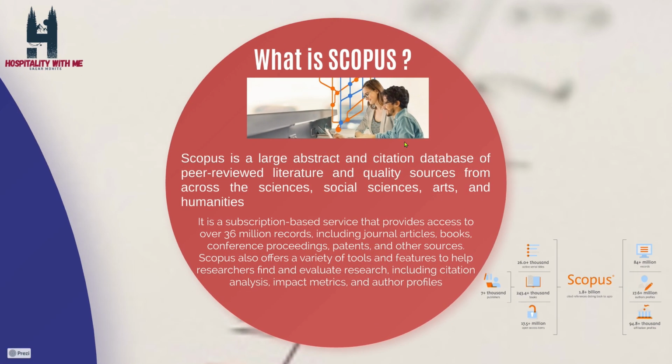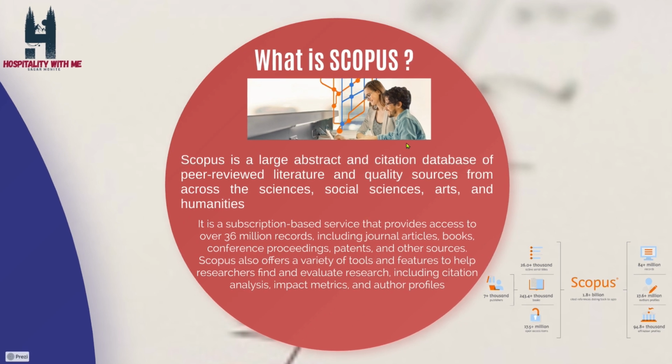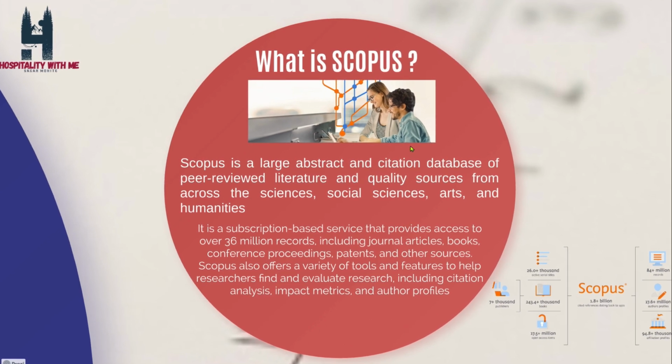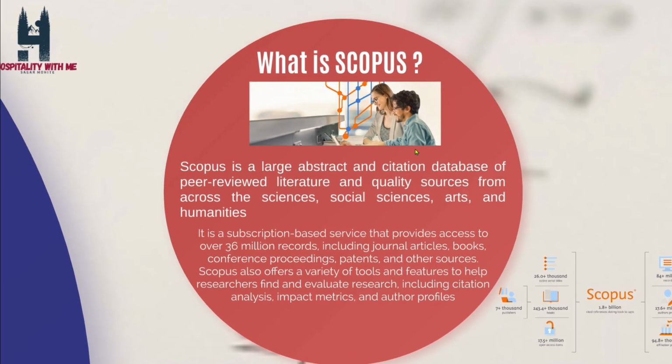Now, Scopus covers a wide range of disciplines including natural sciences, social sciences, health sciences, engineering and humanities. It includes content from 5,000 publishers offering access to millions of scientific papers, abstracts and conference proceedings.